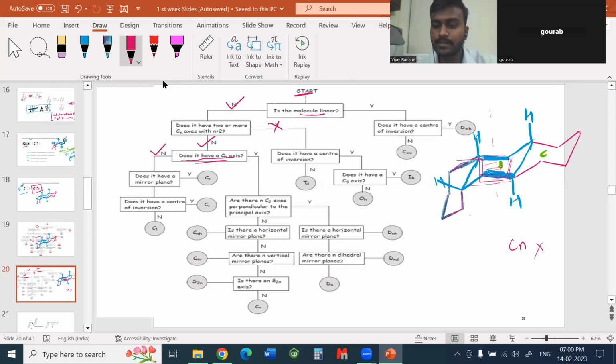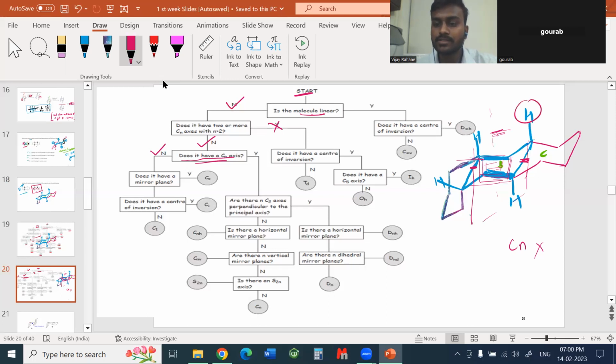If you pass a plane through a bond, and the plane passes through these two, we can see the back side and the front side are not symmetrical, right?